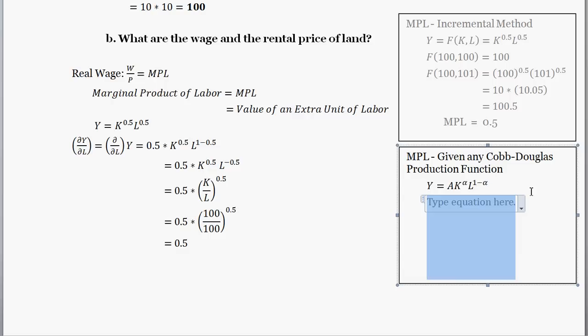So the marginal product of labor is going to be just the first derivative of this production function with respect to L. So that's 1 minus alpha times A, k. So this equation right here, marginal product of labor is equal to 1 minus alpha times technology times k over L raised to the alpha.